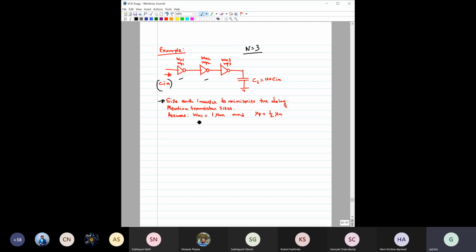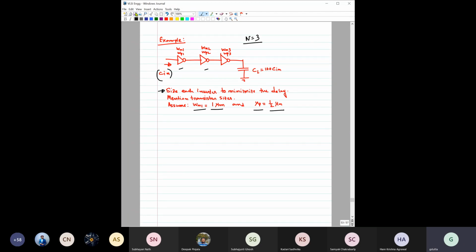They have also mentioned that W1, that is WN1, the width of the NMOS for the first stage, is equal to 1 micrometer, and it is also given that the mobility of hole, mu p, is half of that of electron, right? So from this perspective we need to approach. Can you suggest what we should do first?